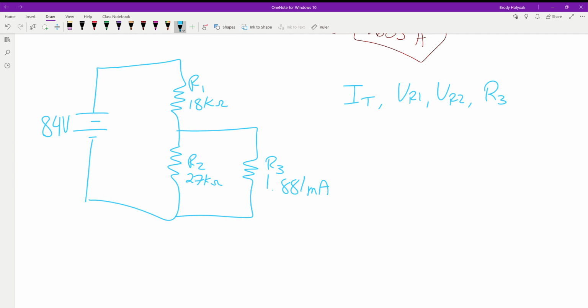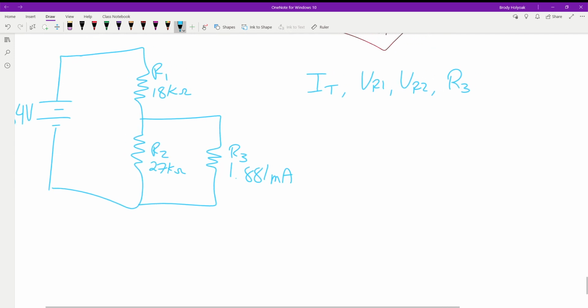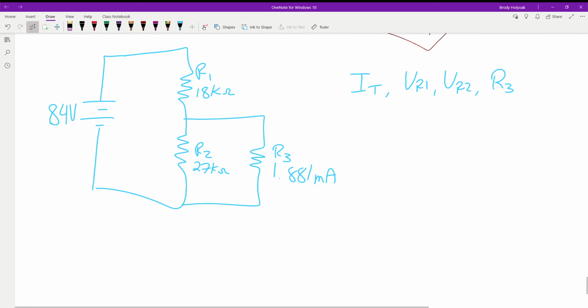So the answer is yes, we do have enough information. We just have to look at it differently. With how the circuit is drawn, though, like this, do we have enough information to do anything with it? Just this circuit alone? No, because we don't have voltages, we don't have currents. Like this one, we're missing 2. This one, we're missing 2. We don't have enough. So this is one of the aspects where Thevenin comes in handy.